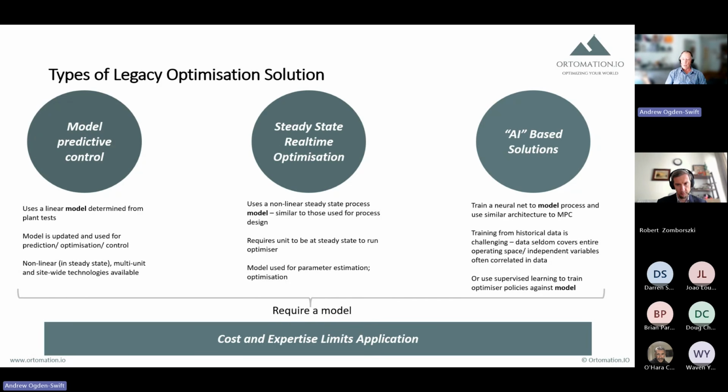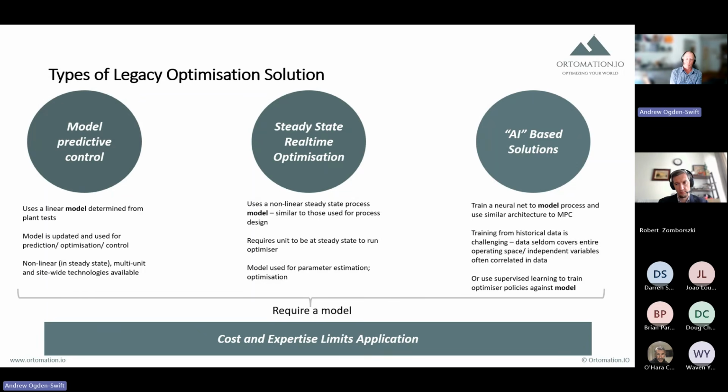And then more recently, we've had what I've called AI-based solutions, where you train a neural network to represent the process, or you can use what's called supervised learning to train a neural network on optimizer policies, again versus a model. And the key thing for everyone to recognize is that all of these require some form of model to be developed of the process before you get started, before you can commission the optimizer.